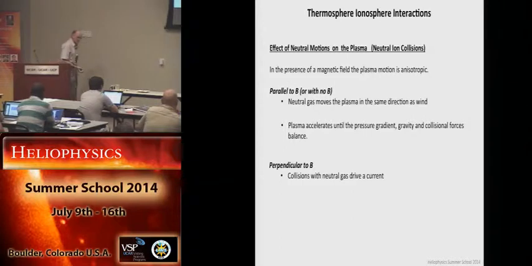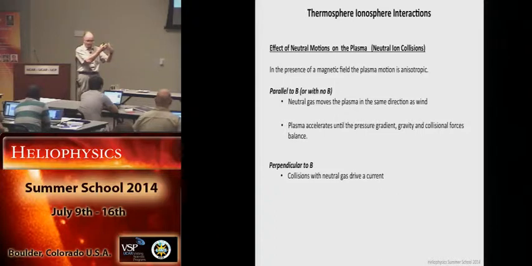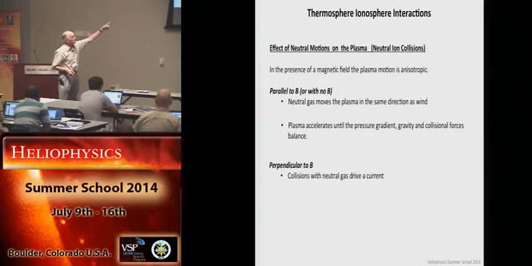What will happen is, in response to that force, the particle will accelerate, and the charged particles will pile up in this region of acceleration, and they'll do that until the pressure gradient and the gravity and the collisional forces balance.